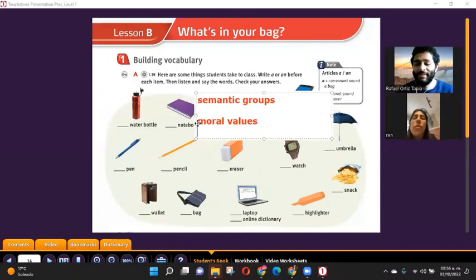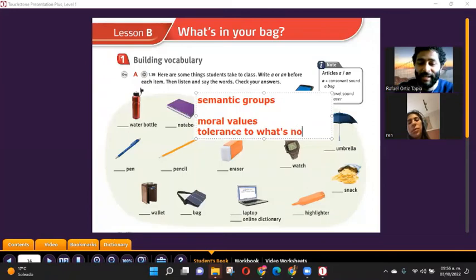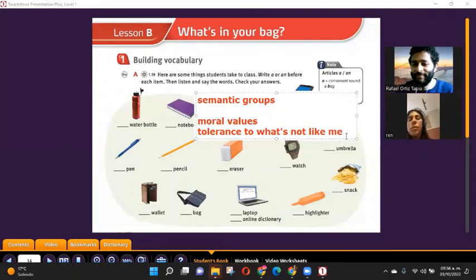But you can add tolerance to what's not like me. Tolerancia para lo que no es como yo. Es una frase, ¿no? That's a moral value.